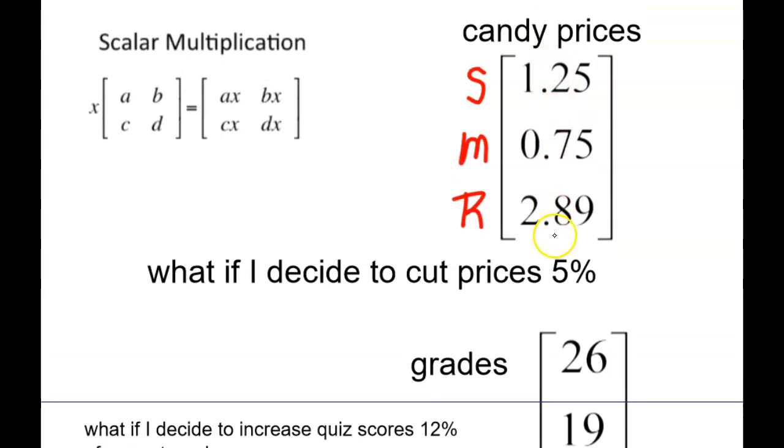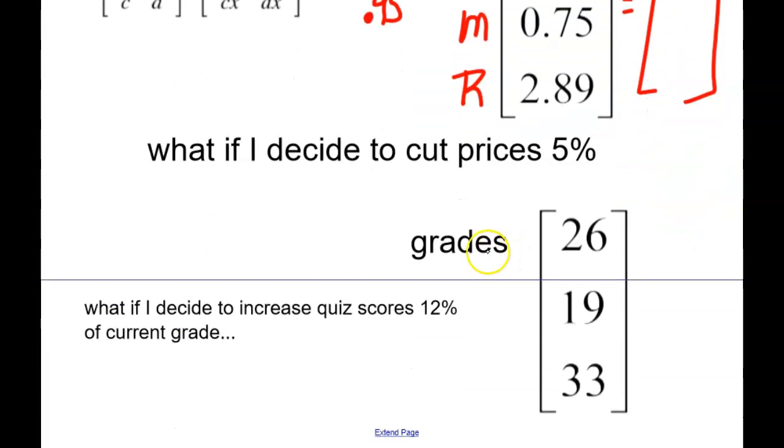I could multiply by 0.05. But then I'd have to go back and subtract it off of each one, right? Does anybody remember how else we could do that? Yes, I could say I want to keep 95% of the price. Does that make sense to some of you? So I could multiply everything by 0.95, and that would come up with a new set of prices for those items, okay?